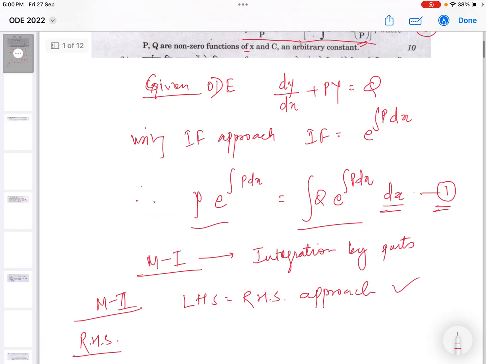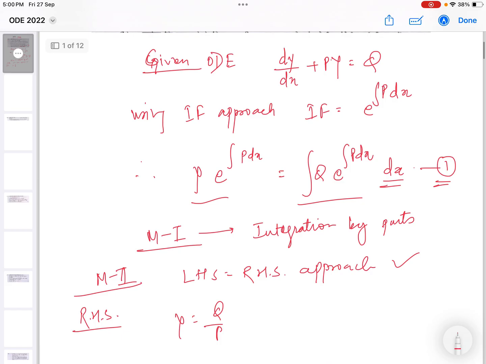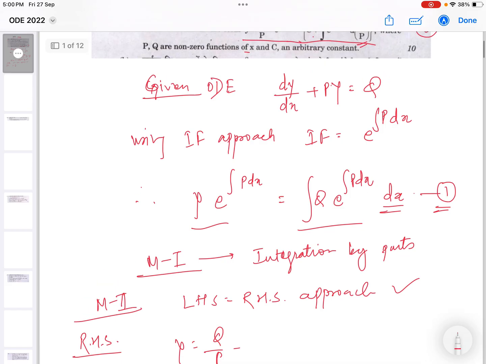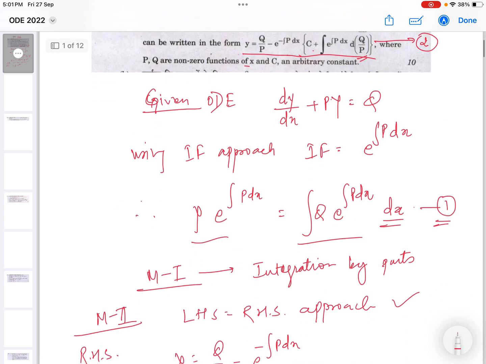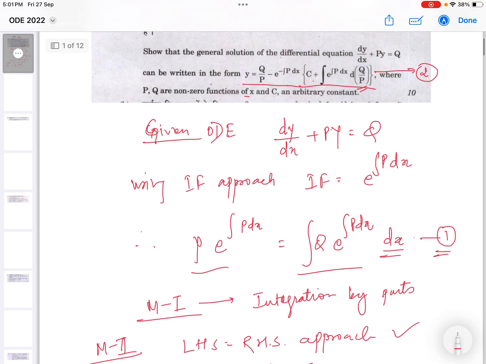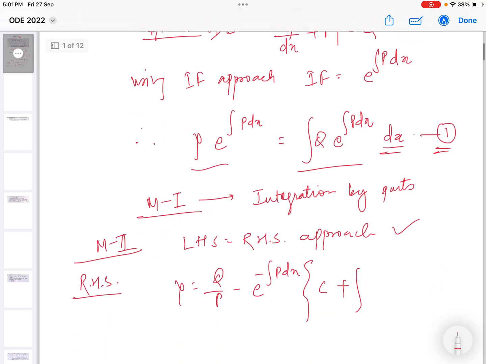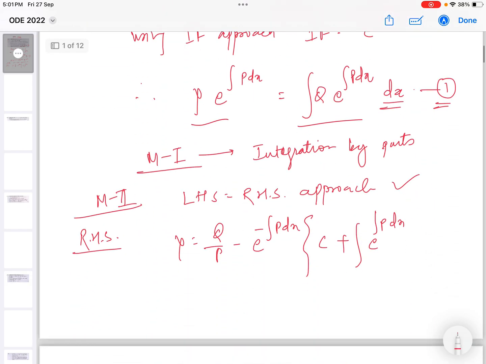The RHS is y equals q by p minus e raised to the power minus integral p dx, c plus e raised to the power integral p dx, differentiation of q by p.